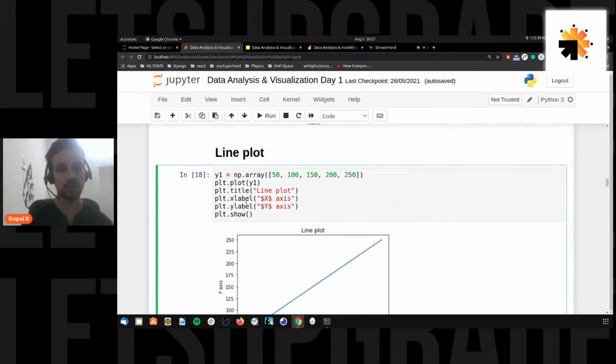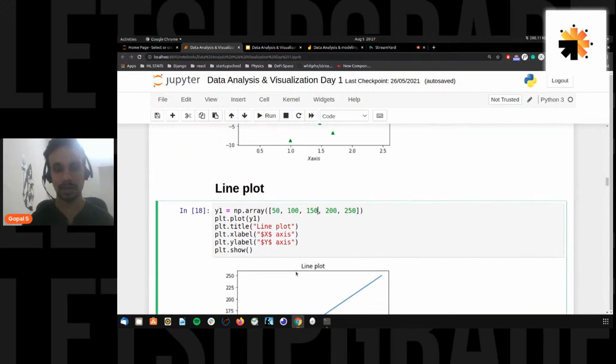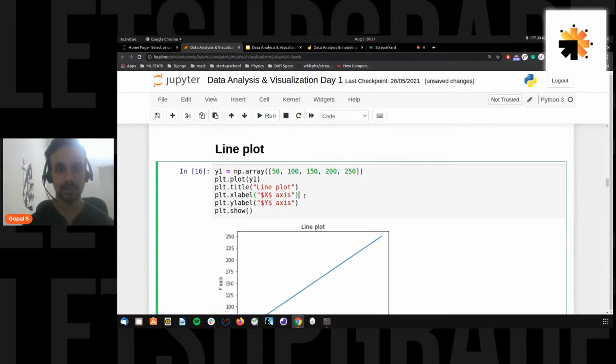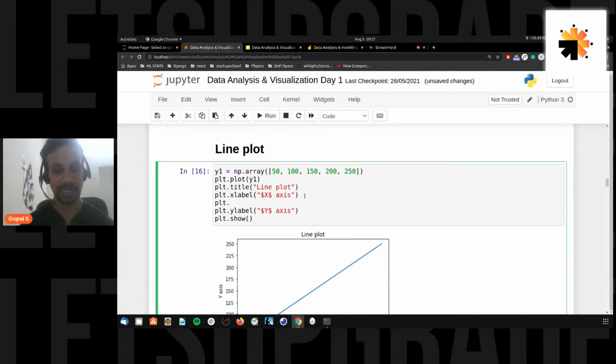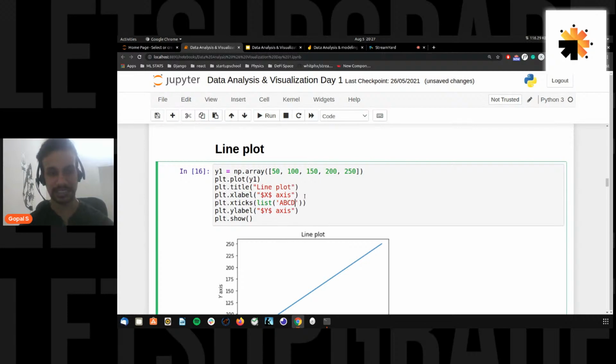What if you want to change the values for the x-axis? It's quite easy. Let us assume plt.xticks, and those xticks will be a list of a, b, c, d, e. I believe these are the 5.